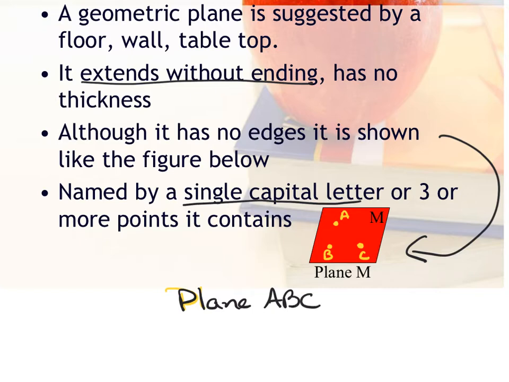So if you have a capital letter in your plane that doesn't have a point next to it, that's how you can name your plane. Or if there are 3 points that aren't on the same line, you can also name a plane that way. A plane is 2-dimensional, has 2 dimensions.